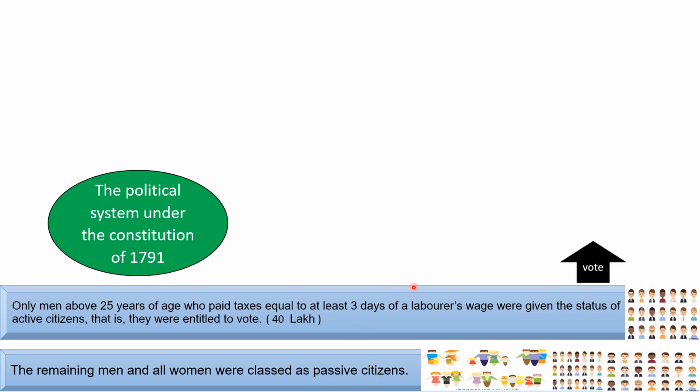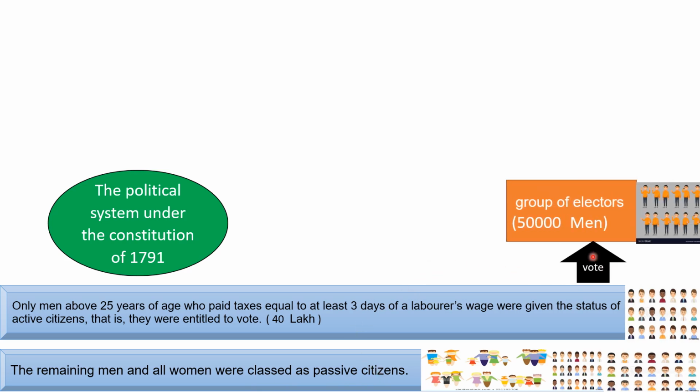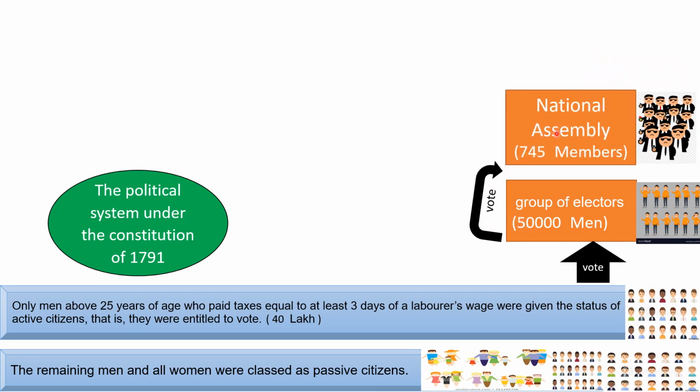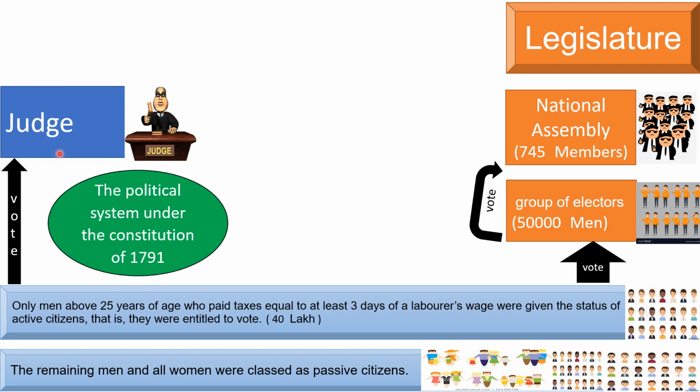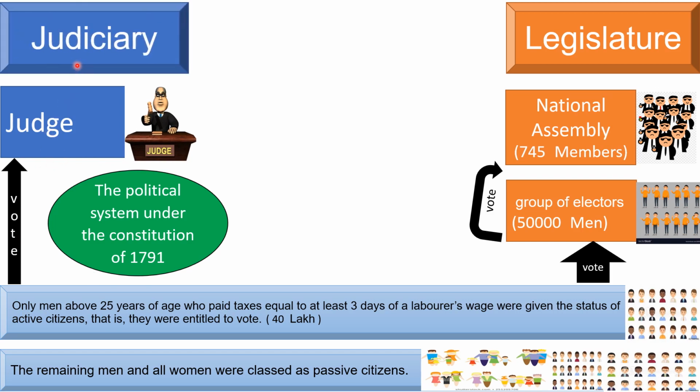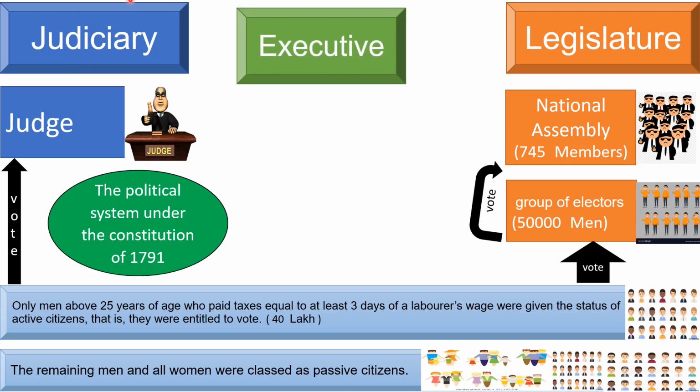These active citizens cast their vote to elect a group of electors, 50,000 men, and these 50,000 men vote for the National Assembly and elect 745 members. This is the legislature system under the 1791 Constitution. The active citizens also vote for the judges, so here is the separate judiciary and executive.